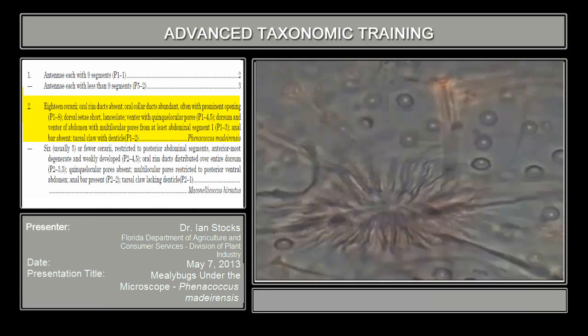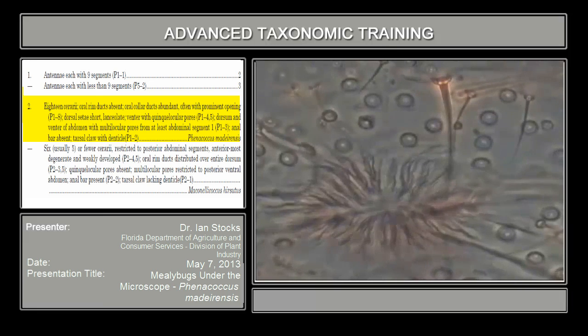Okay, and every adult female will have one of these, but if it doesn't, it is definitely not an adult female. Another thing to bear in mind too is that this is the opening for where either the eggs or the crawlers come out. All right, so this is the opening of the reproductive structures. And for those species that either lay their eggs into a cottony ovisac or protect them somehow in an ovisac as the larvae emerge, that ovisac wax is produced in part by these multilocular pores.